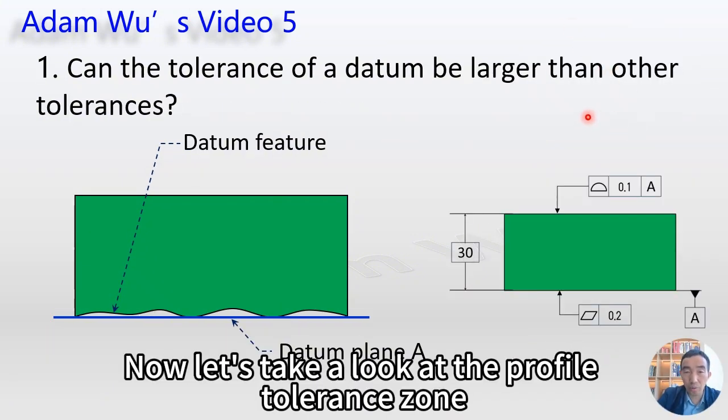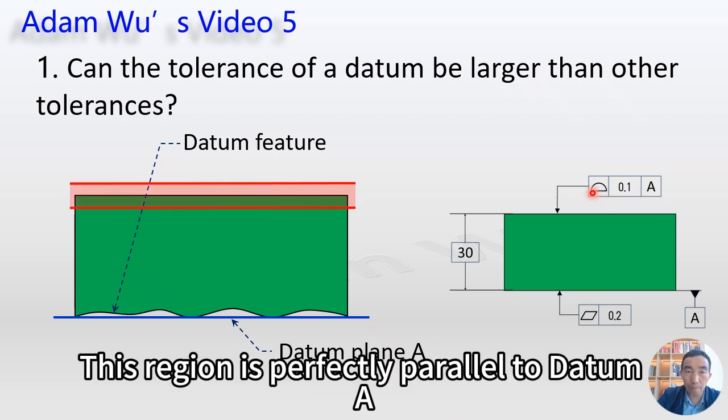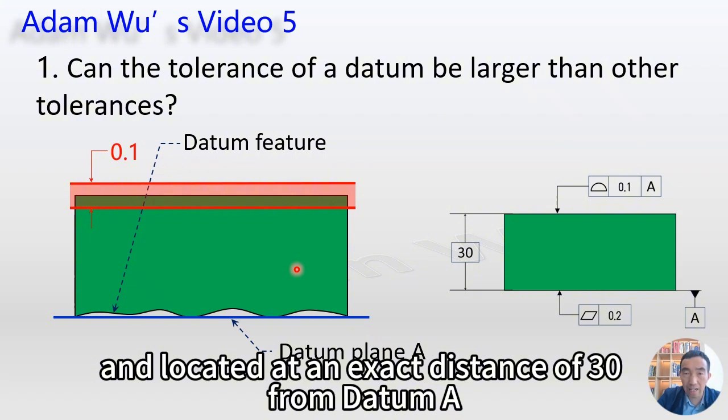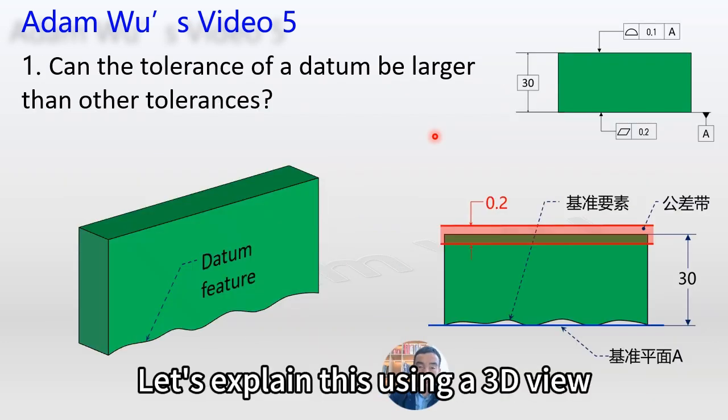Now let's take a look at the profile tolerance zone. It is the region between two parallel planes. This region is perfectly parallel to datum A, with a width of 0.1 and located at an exact distance of 30 from datum A. This red region represents the profile tolerance zone. Let's explain this using a 3D view.